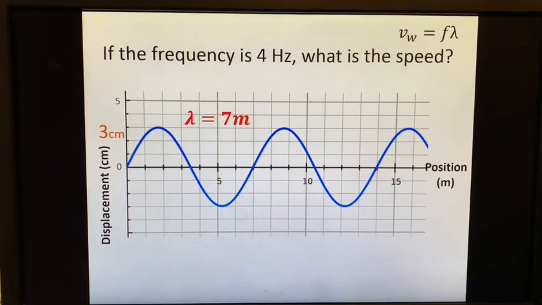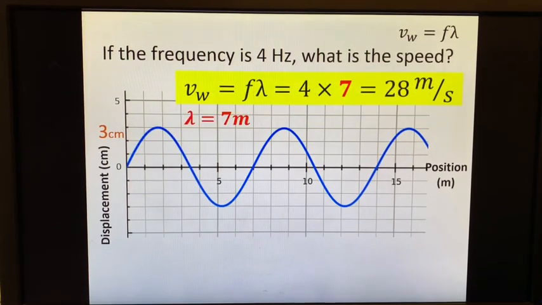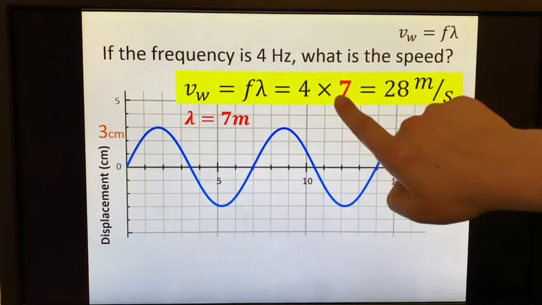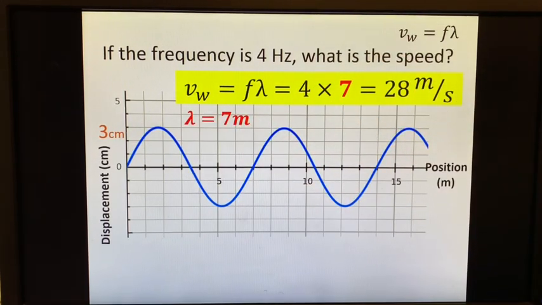If the frequency is 4 hertz, what is the speed using your formula? Speed of a wave is the frequency times the wavelength. The frequency is 4 hertz. The wavelength is 7 meters. 4 times 7 is 28 meters per second.